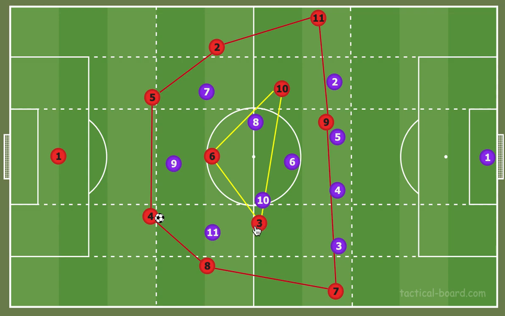Or when players switch positions, this would be an example of a fluid structure, players interchanging their positions and still keeping the structure balanced and within the lines of your game model or the offensive concepts you're trying to implement. But positional fluidity can just be a tool to come up with more creative or more dynamic solutions.